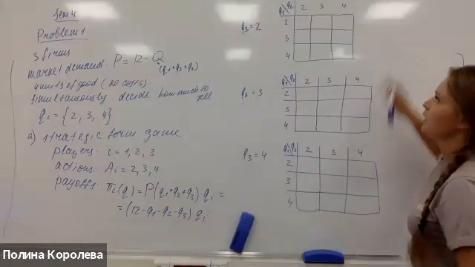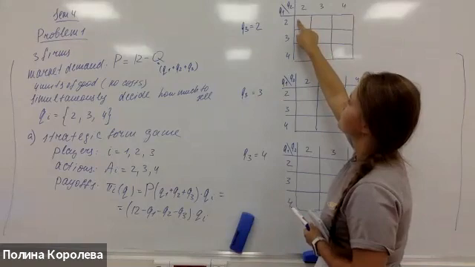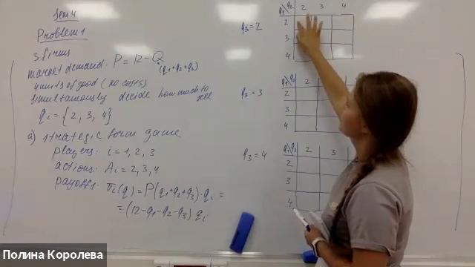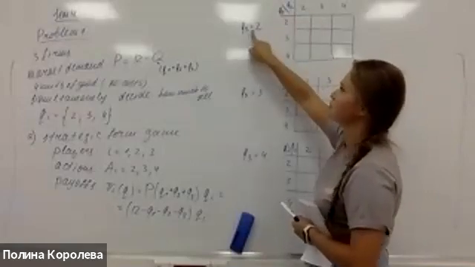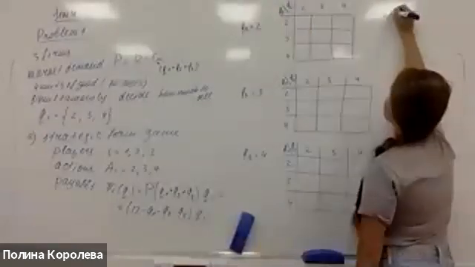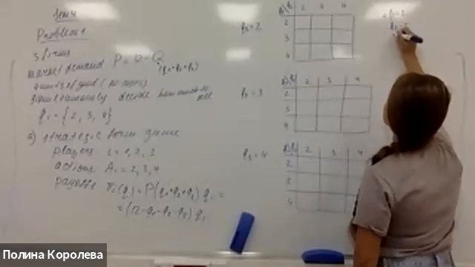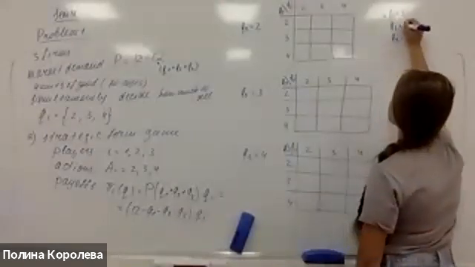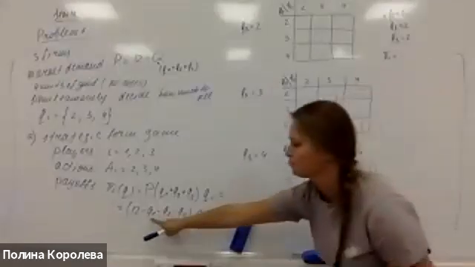For example, I want to write down the payoffs of all three players if the first player plays 2, the second plays 2, and the third plays 2. What will it give? Profit of each firm will be 12 minus 2 minus 2 minus 2.